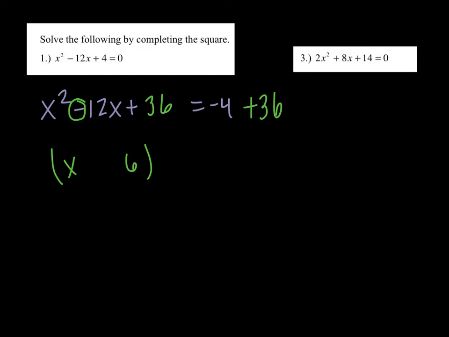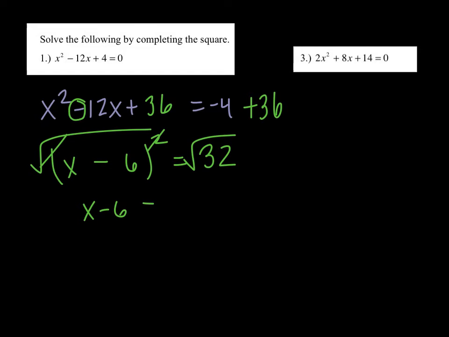So since it's minus, it's going to be minus 6 squared, and 36 plus 4 is 32. So now that you guys have a square binomial, now you can just solve it using square roots. So we'll take the square root of both sides. The square root and the squared exponent cancel each other out.